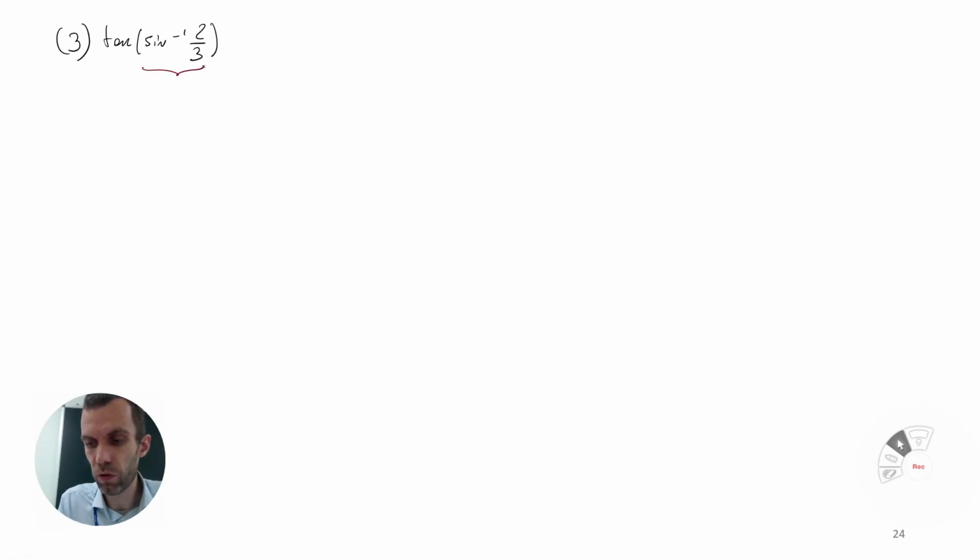As a first step, we'll call this here equal to theta. So then what we have, and I'll put it separately, is that theta is equal to sine inverse of 2/3. And so in other words, sine theta is equal to 2 divided by 3.